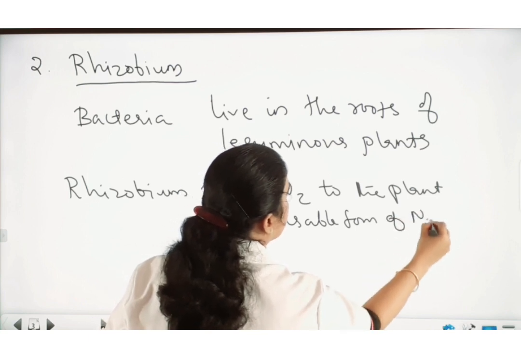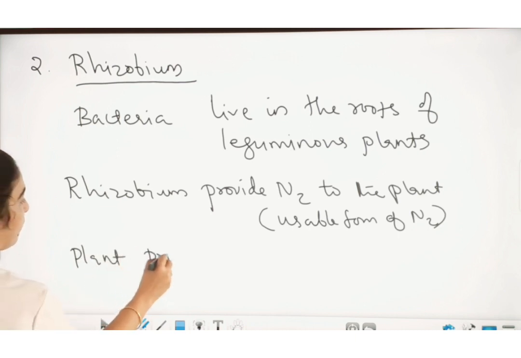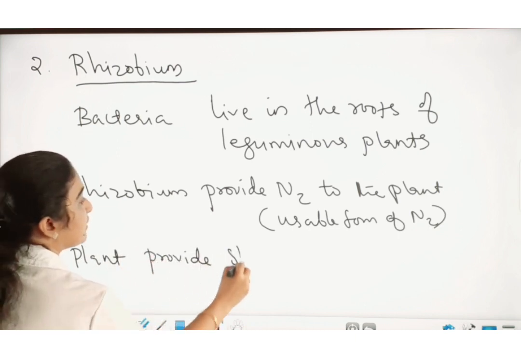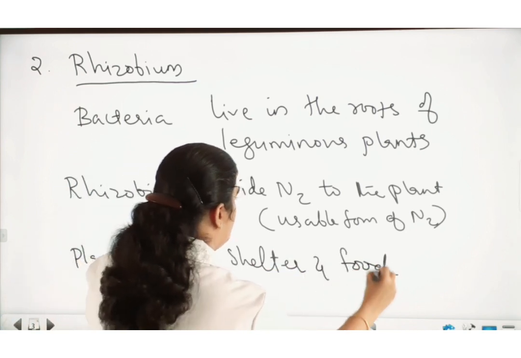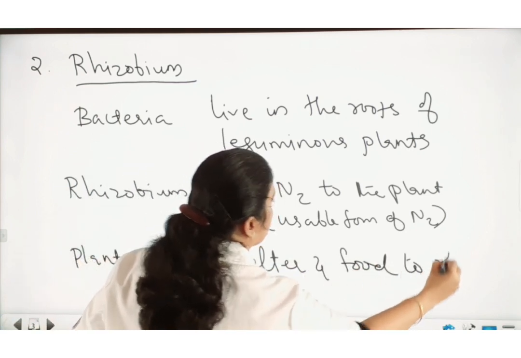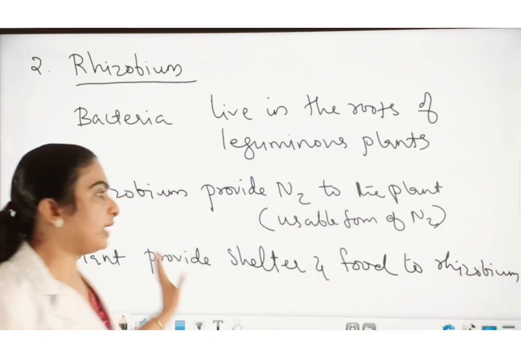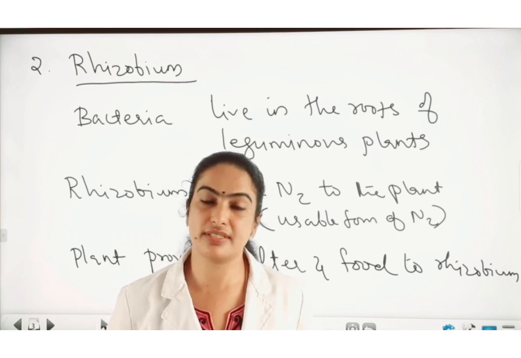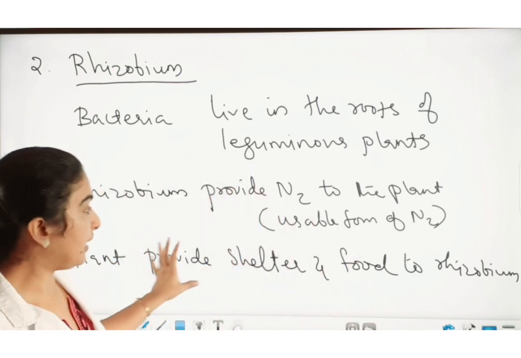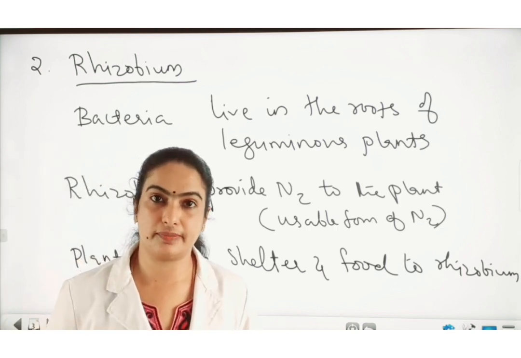And the plant in turn provide shelter and food or nutrients to the rhizobium. Is it clear? So this rhizobium and plant is another example for symbiotic association or symbiosis. Here the rhizobium and plant are mutually benefited by this association.